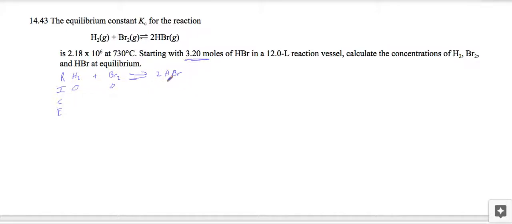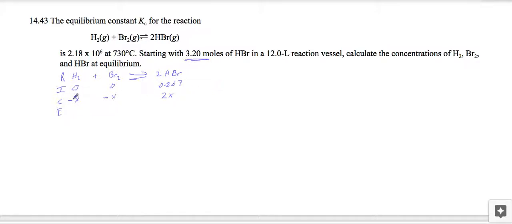So we have our concentration of this. If we calculate it out, it's going to be 0.267. Now, in class, we said that we would always put negative x on the reactant side, positive x on the product side. In this case, that doesn't make sense.